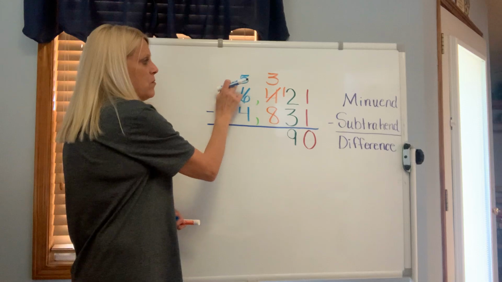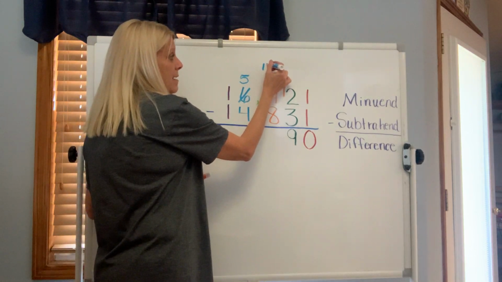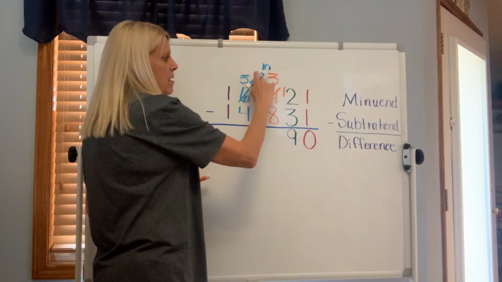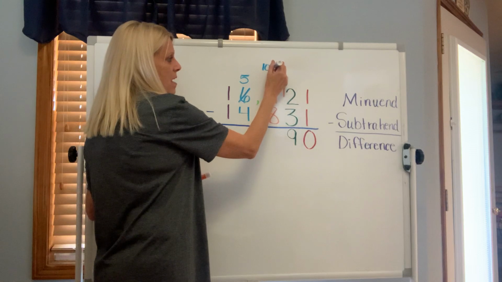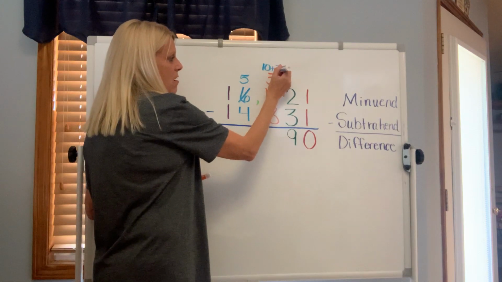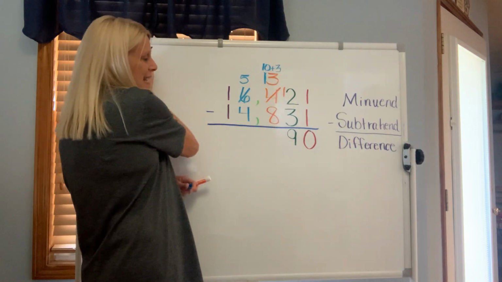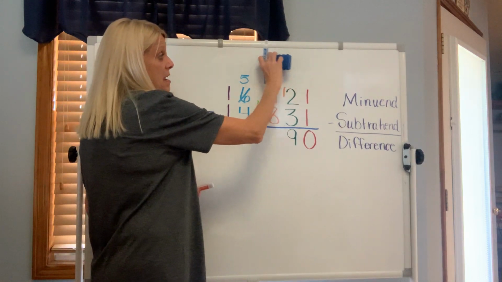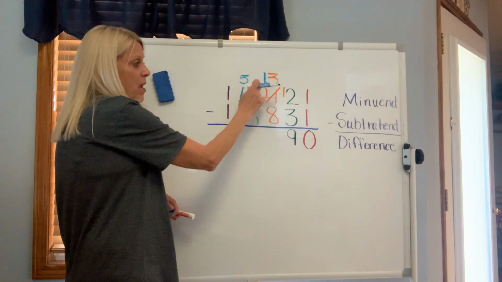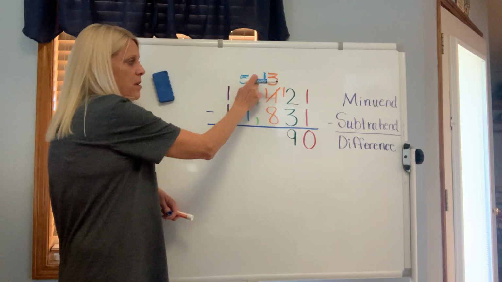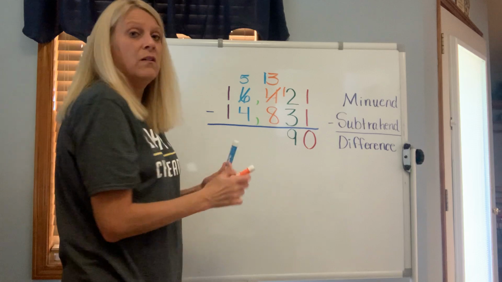I will take one of those thousands and I'm going to bring 10 of the hundreds over, and I'll add the 3 that I already have, and that gives us 13. Now we have 13 hundreds, and we can subtract. 13 minus 8 is equal to 5.